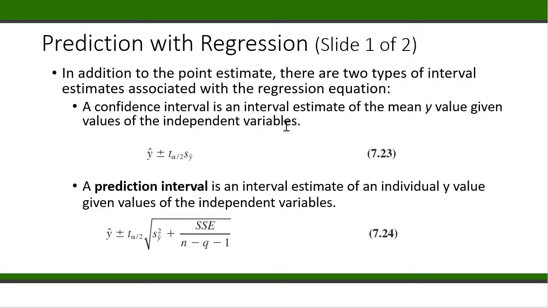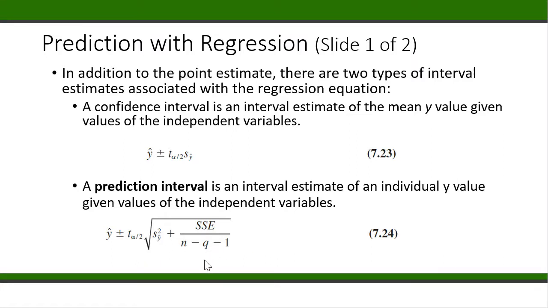So y hat plus or minus the t statistic times the standard deviation of your estimated y. There's a prediction interval then of the individual y values given the values of the independent variable. So that equation looks like the following.